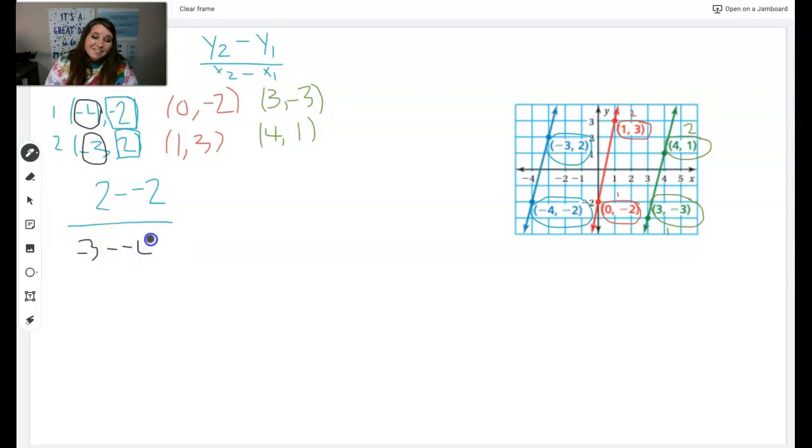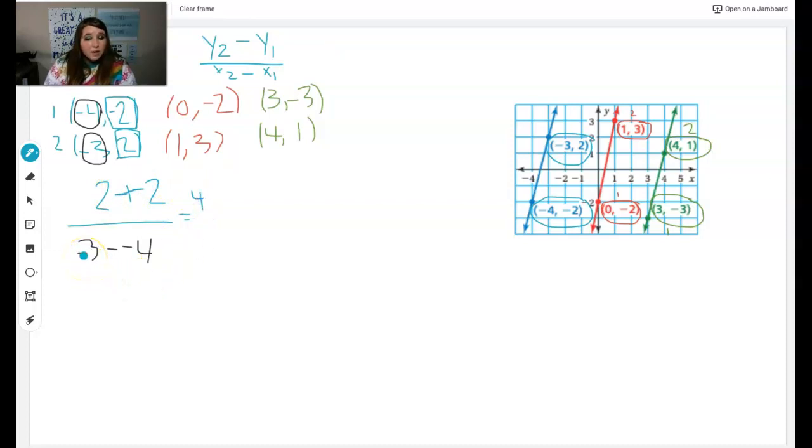a negative 4. Now we subtract these and find our slope. A negative and a negative is like removing negatives, so that is actually addition, and that is 4.